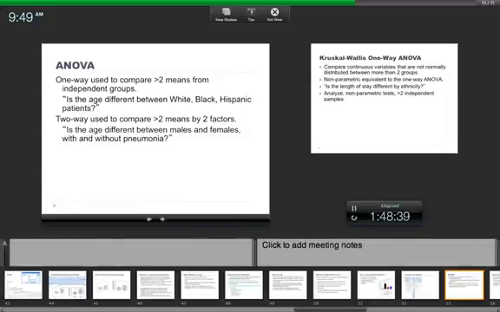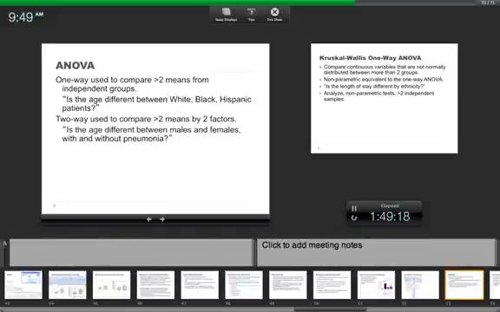If you're asked a question, is the age different between the white, black, Hispanic patients? In America, we have many different races, so there are more than 2 groups. When you do that comparison in your study sample, comparing the mean age among the groups, you have more than 2 groups, and that means you would need to do analysis of variance.